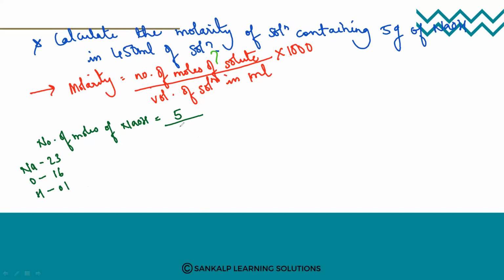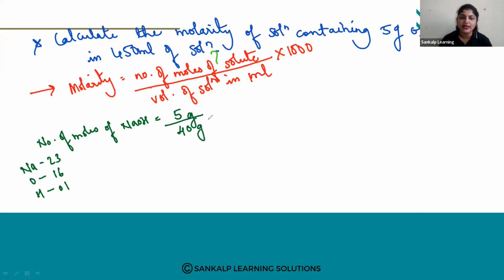That is 40. Yes, 40. So the number of moles of NaOH: the mass given is 5 grams, divided by the molar mass of 40 grams per mole. So grams cancel and you get 0.125 mole. So this is the number of moles of NaOH which is dissolved.